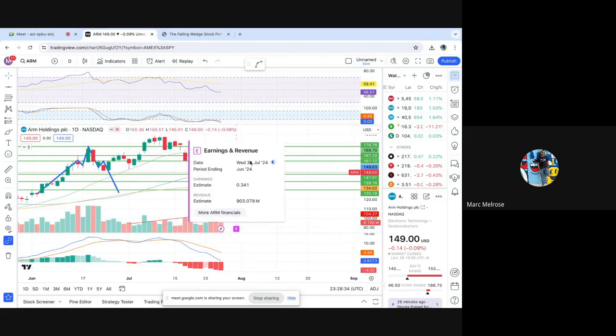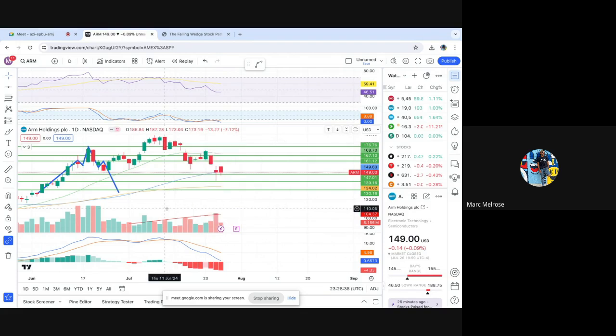I'm making sure I'm out of my trades on Wednesday before the market closes, because sometimes you'll see stocks go up prior to earnings, and then they may go down after the earnings happen. The indicators and your analysis are going to work up until earnings. Once the market closes, that's when your indicators go out the window. So as long as you're out of it by then, you're fine.